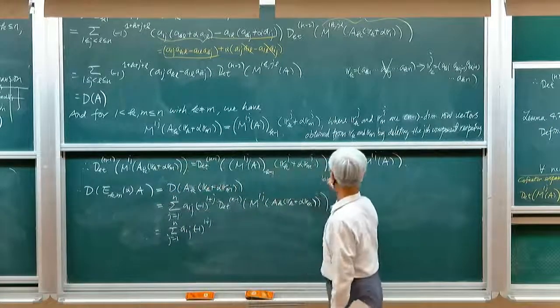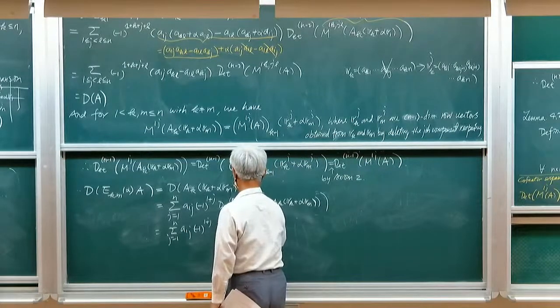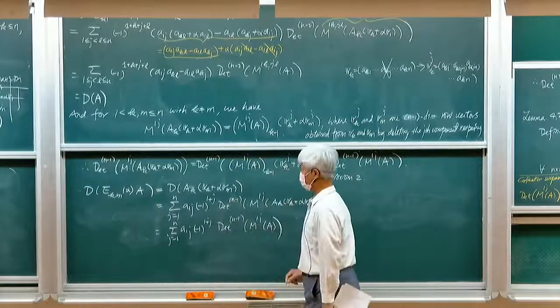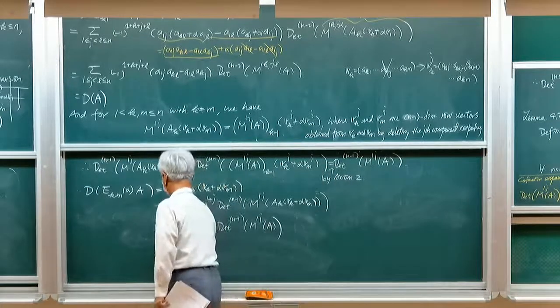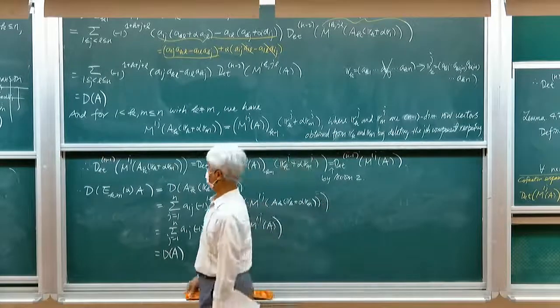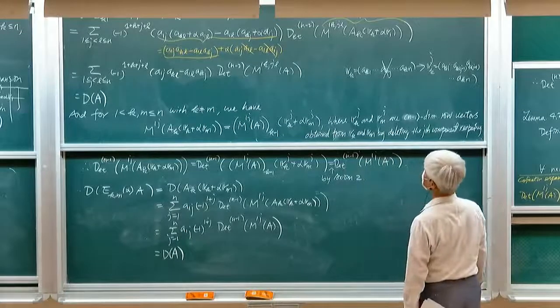But we just proved that this is equal to the determinant of the M1J minor of A, and this is D of A again. Okay, so we have done.